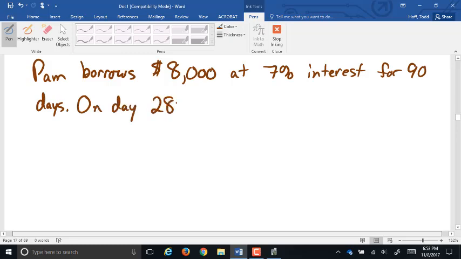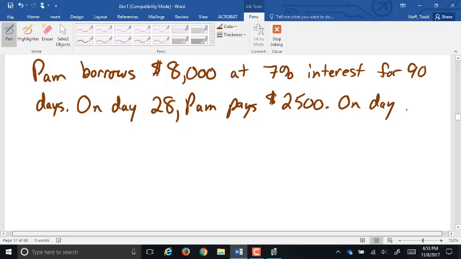On day 28, Pam pays $2,500. On day 59, Pam pays $2,000.